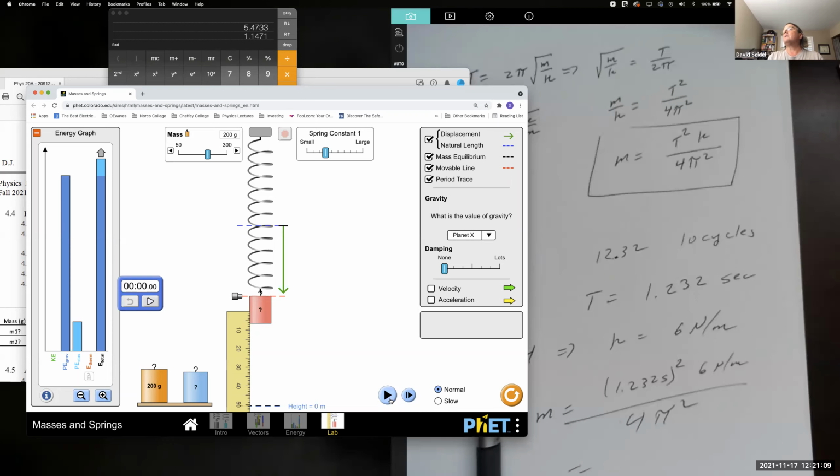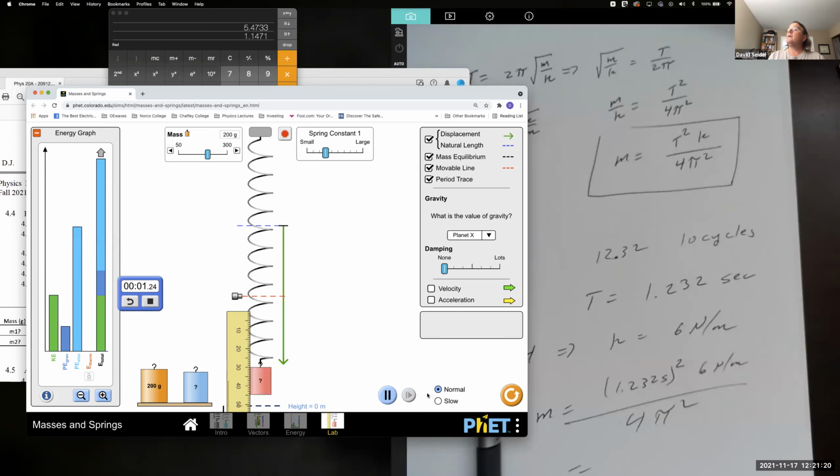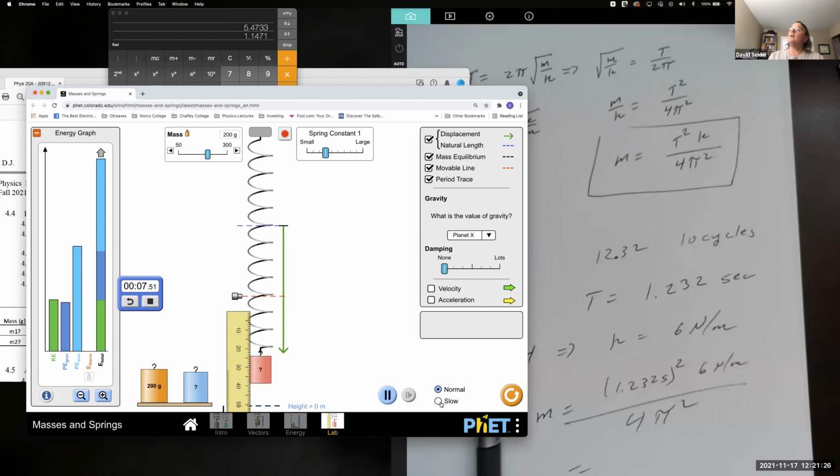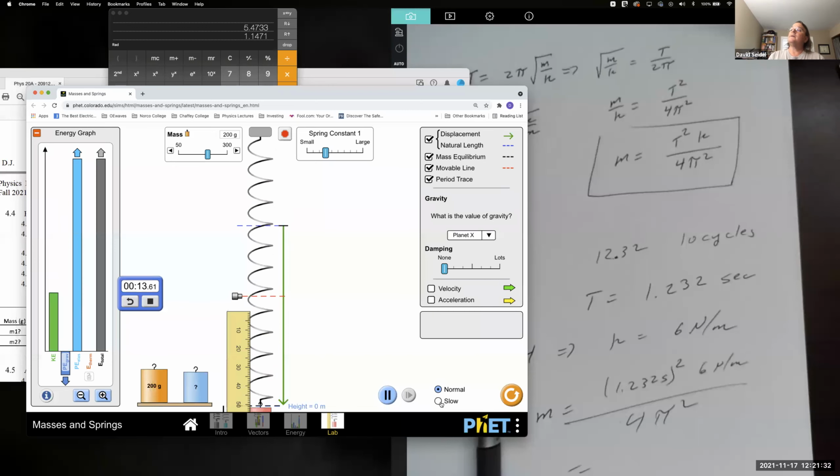I hit play here. Now, first I have to make sure that I start it. I hit play. There's 1, 2, 3, 4, 5, 6, 7, 8, 9. Went too slow. I'm going to pause it just before I get to 10.